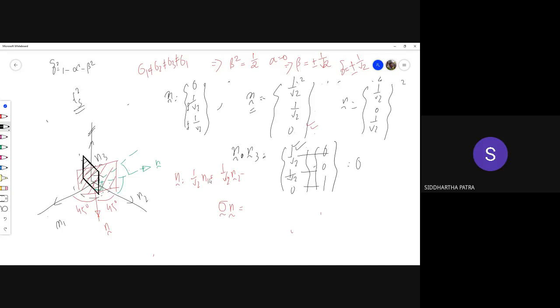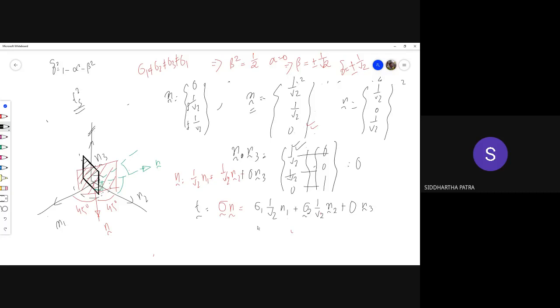Okay, so if I do sigma times n, it is actually sigma 1 times 1 by root 2 times n1 plus sigma 2 times 1 by root 2 times n2 plus 0 times n3.